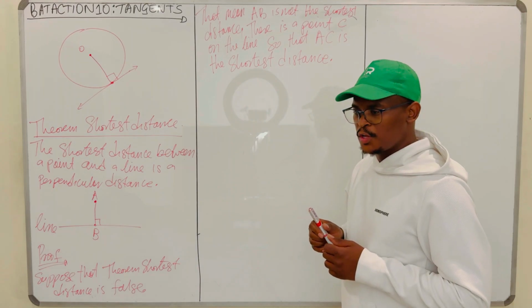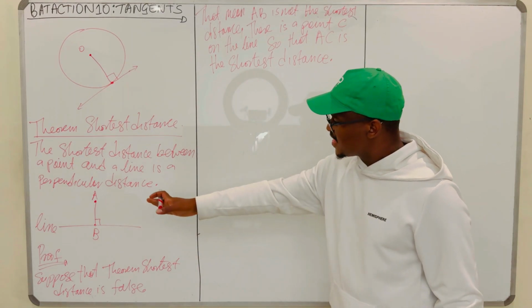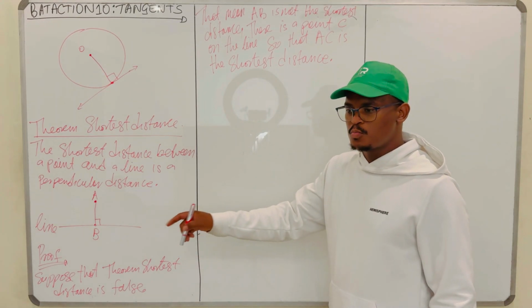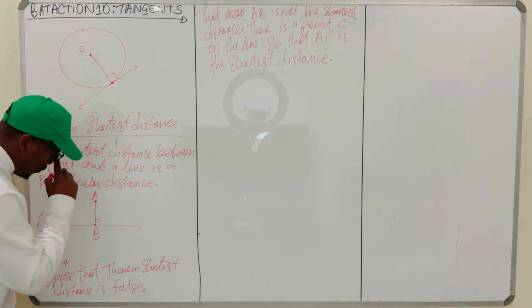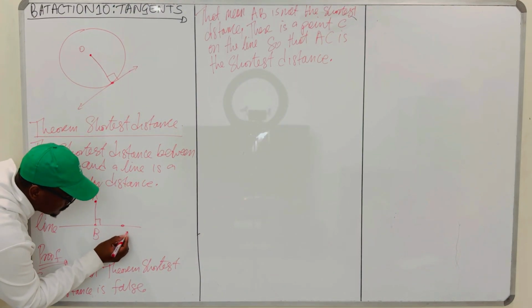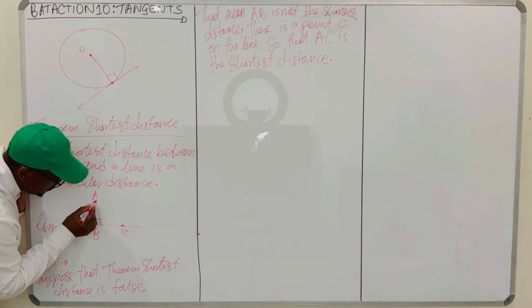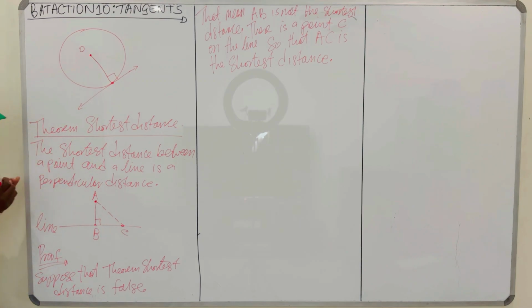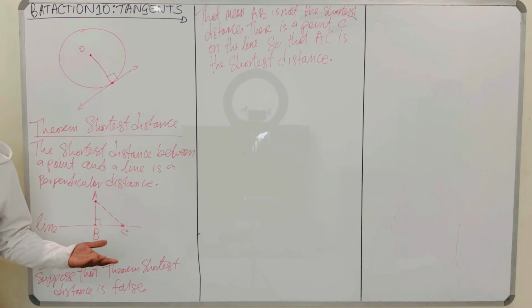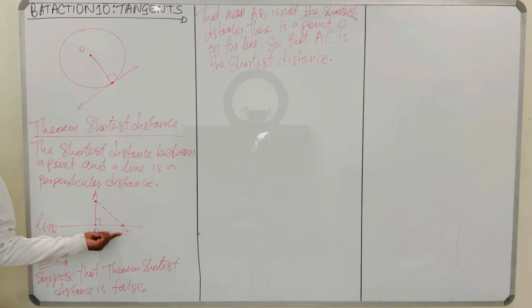Are you with me? So let's go there and plot our point. Let's say our point may be somewhere here, C. So there is C. AC is our shortest distance because we assume that AB is not. If AB is not, there should be a point, and we'll say C is that point.